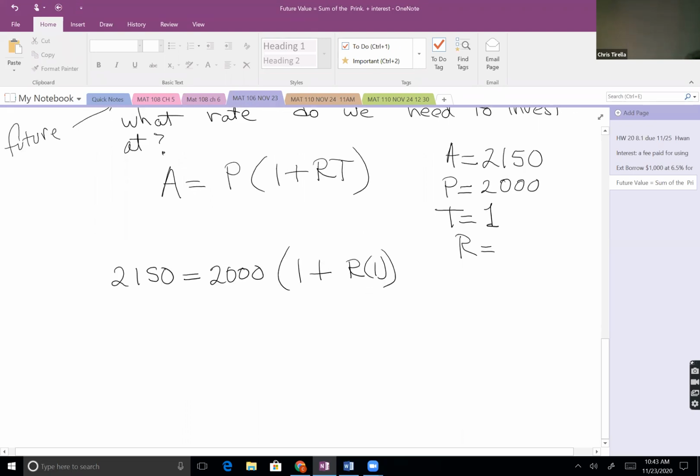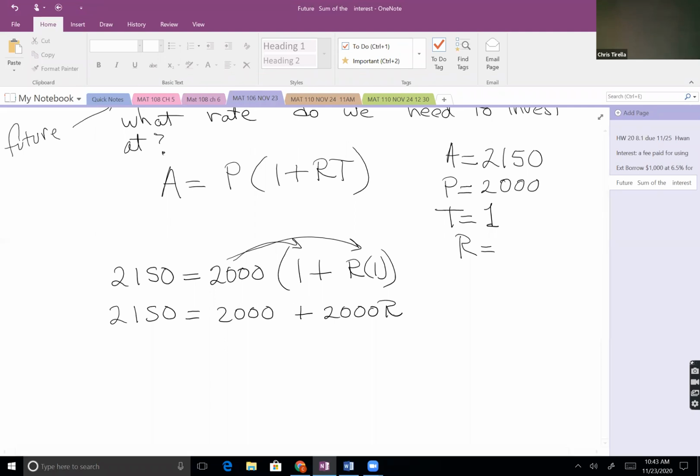Now this one, we're not going to just type in our calculator. Does everybody see here the need to distribute? It gives me 2,000 times 1 is 2,000 plus 2,000 times R is 2,000R. Now I need for you to think back to a kinder, gentler time in your mathematical career when you had to solve an equation for a variable like this.